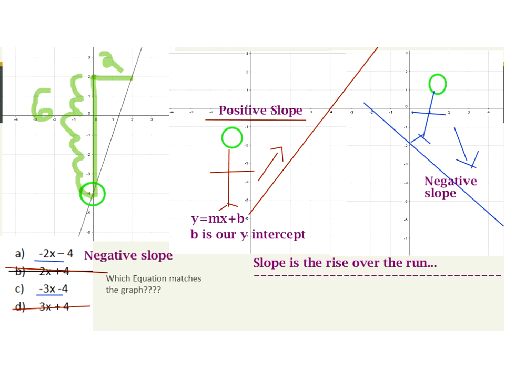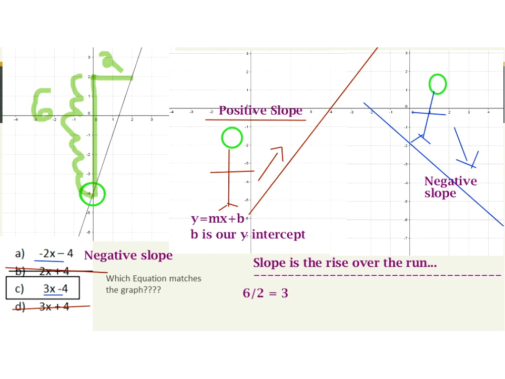So 6 divided by 2 is 3. I believe that should not have been a negative. That's probably just plain 3x minus 4, because it does go through the -4, and it is rise 6 over 2, rise over the run. 6 divided by 2 is 3, so that has to be our answer.